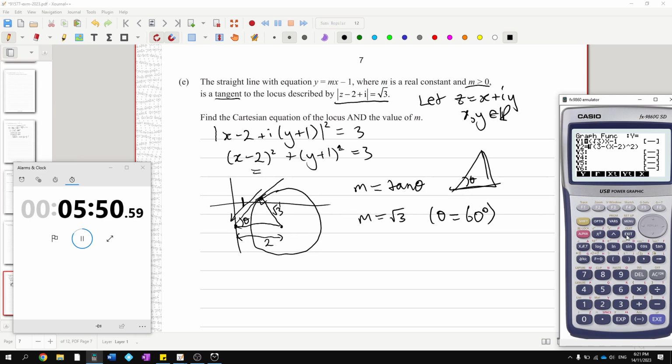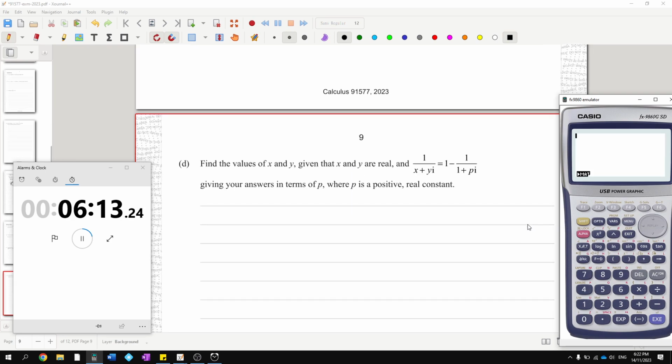Oh, I've got to do the minus 1. What? Do I buy that? Yeah, that's definitely 10. Okay, m is square root 3. Okay, next one.